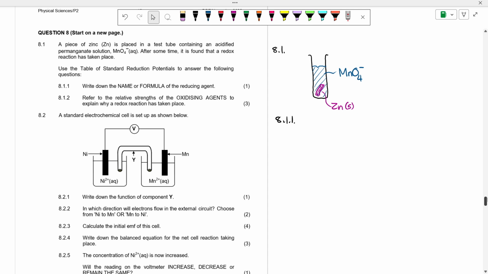The zinc ions, Zn2+, are a weaker oxidizing agent, so the permanganate will be reduced.